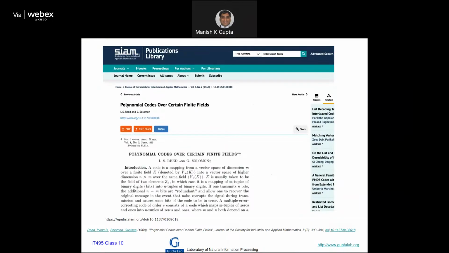So in 1960, at the same time, there was another code discovered, which is BCH code. This paper was written by Reed and Solomon, polynomial codes over certain finite fields. Beautiful paper, because I will show you how they thought.